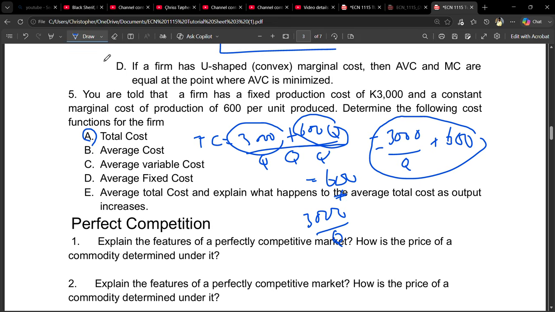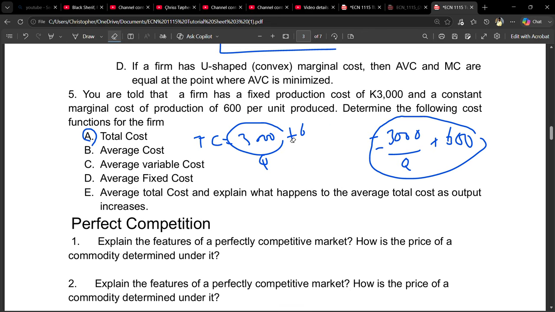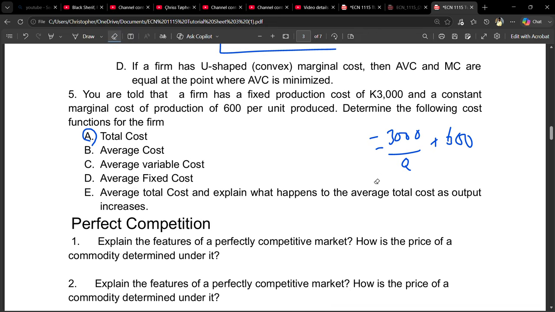Okay, so as output is increasing, the average cost is going to be decreasing at first, and then it will reach a point where it will be constant. After that, it will start to increase.